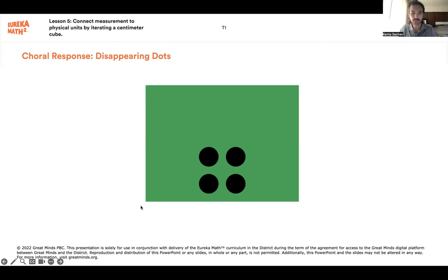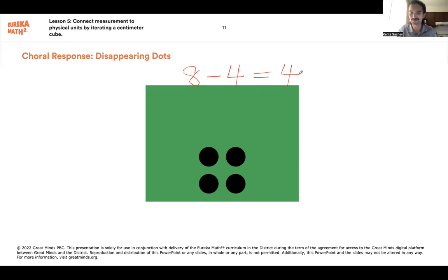Very good, right? We can say 8 minus 4 equals 4 because we started with 8 and 4 of them disappeared. And we have 4 left over. 8 minus 4 equals 4. Now say it with me. 8 minus 4 equals 4.